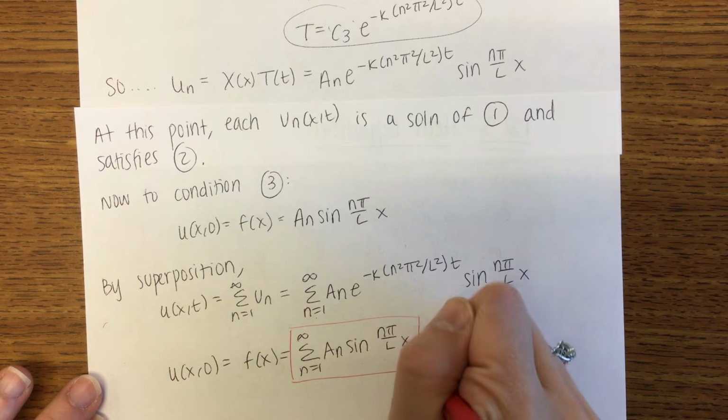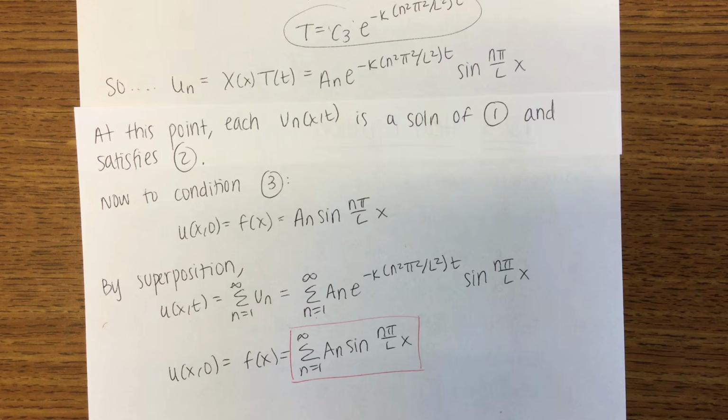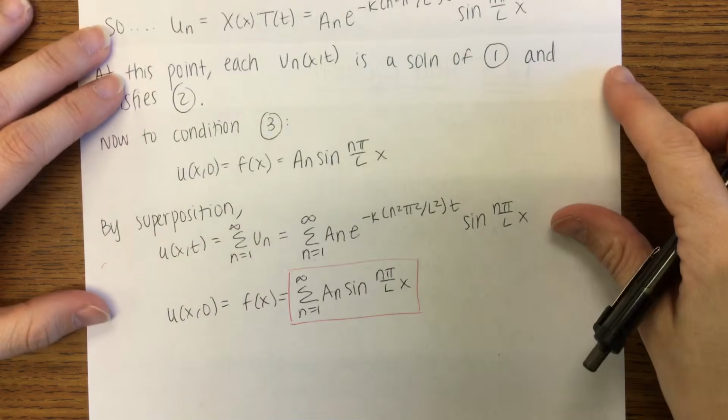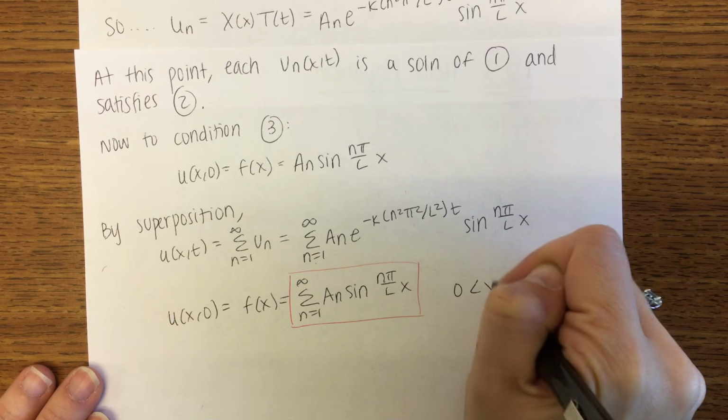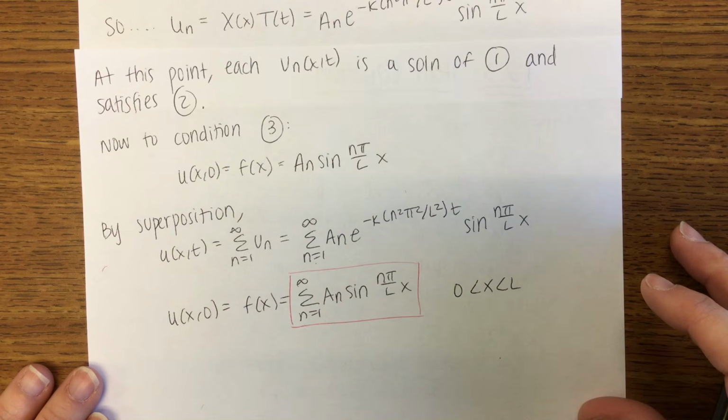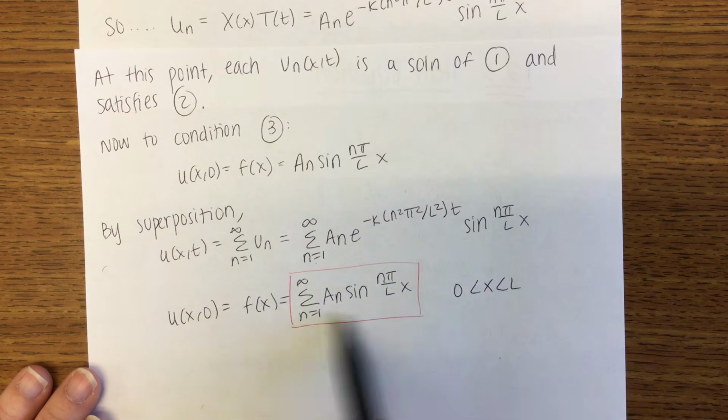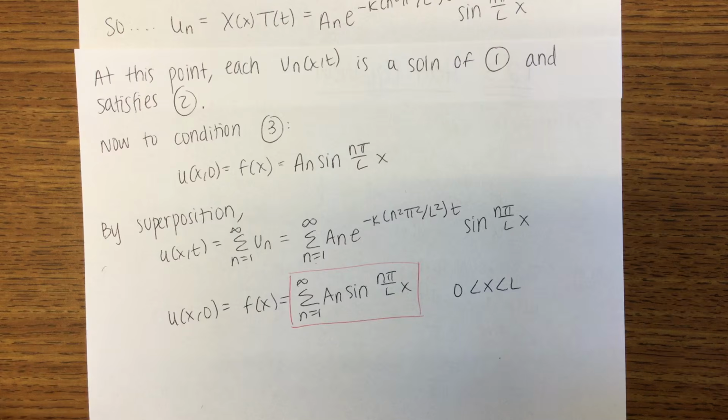This should look familiar. We also know that x is between 0 and L. Any guesses at all? Where did we see summations like this that involved sines and cosines? Fourier.